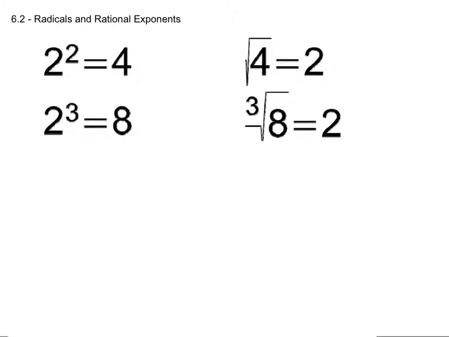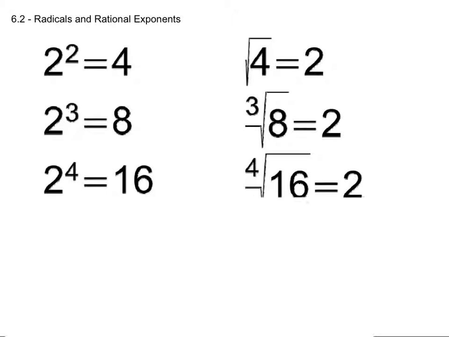We have to ask ourselves, what times itself 3 times gives us 8? The answer is 2. Just like what times itself twice equals 4, and the answer there would be 2 as well. We could once again take this a step further and look at 2 to the fourth.